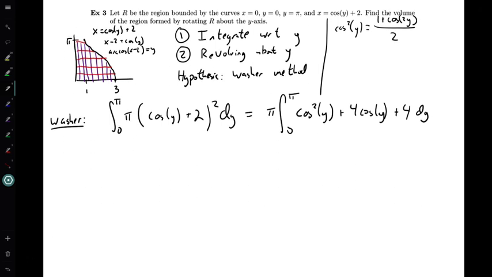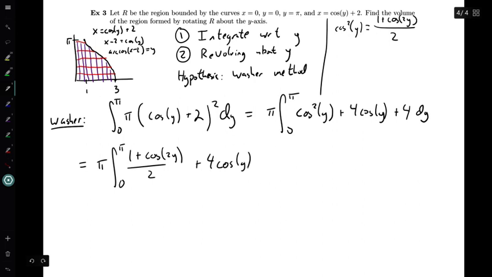Let's apply this formula then. So this is pi integral from 0 to pi. Cosine squared of y is going to be 1 plus cos 2y over 2, plus 4 cos y plus 4, dy. And now all of these terms look much more reasonable to integrate.